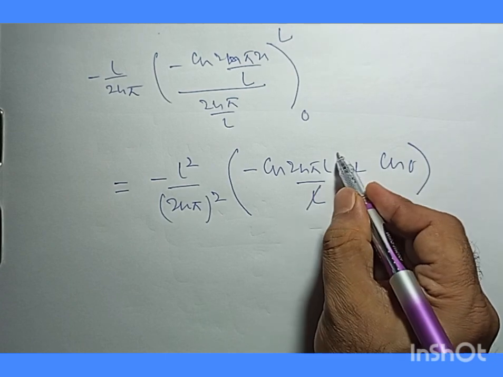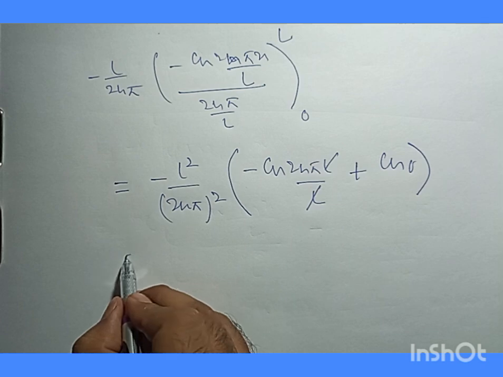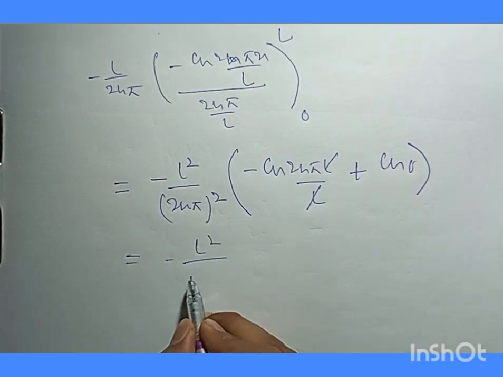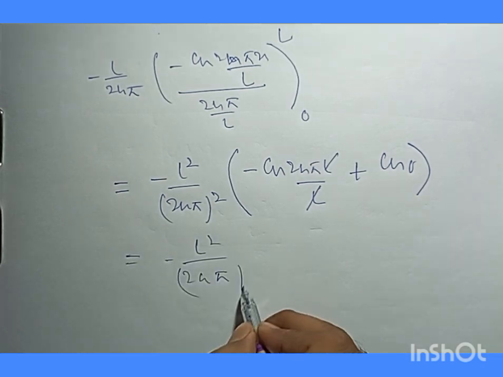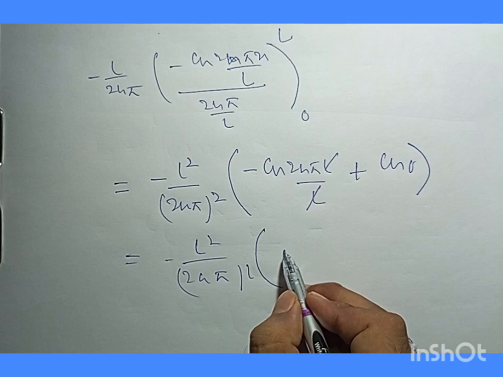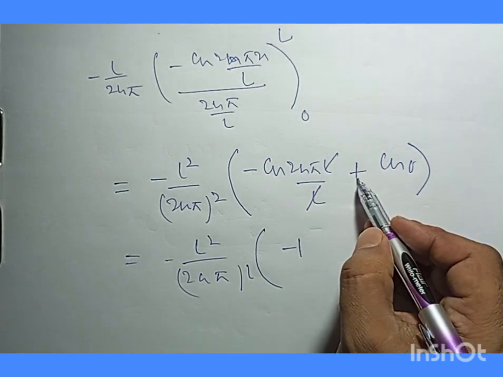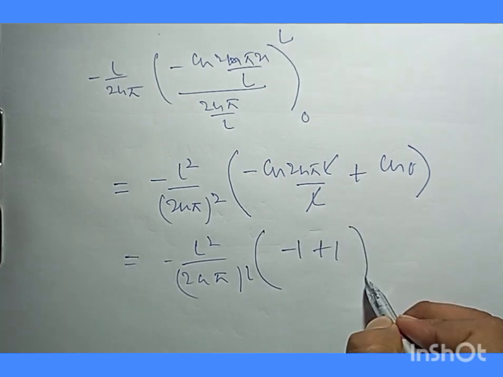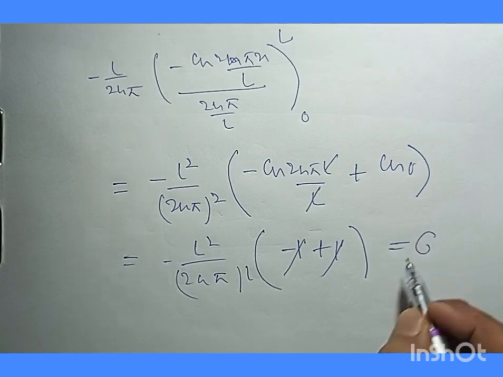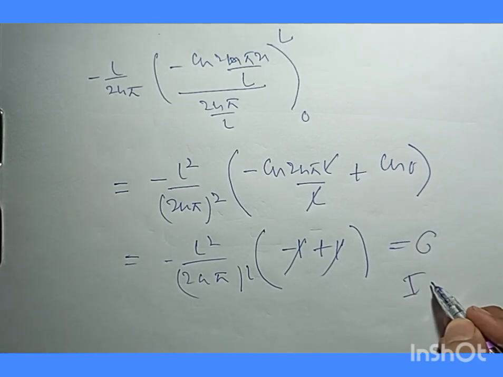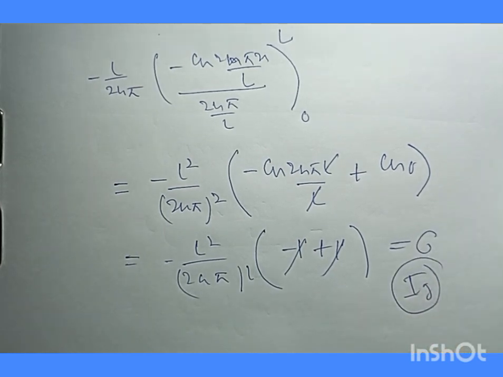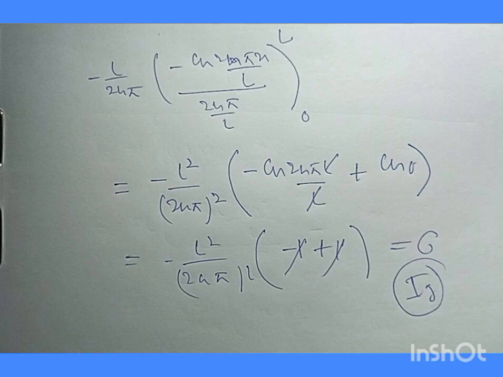So this L and L will go, and what we'll get is minus L square by 2n pi whole square. So this will give me minus 1, so this will give me plus 1. The 2 will go and you'll get 0. So that means this I2 that was over there is equal to 0.